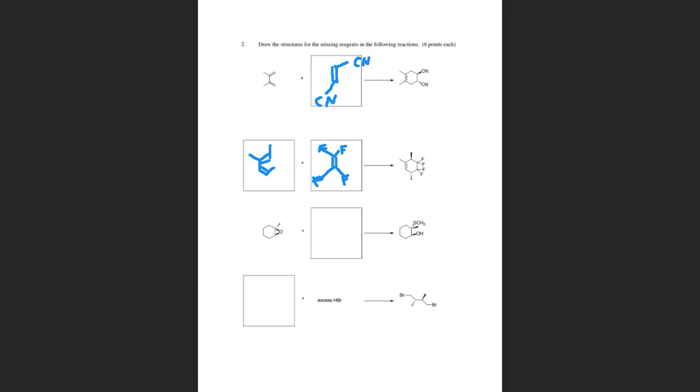Yeah, that's perfect. So one thing that really helped me on tests with Diels-Alder is, hold on, let me see if I can make this smaller.